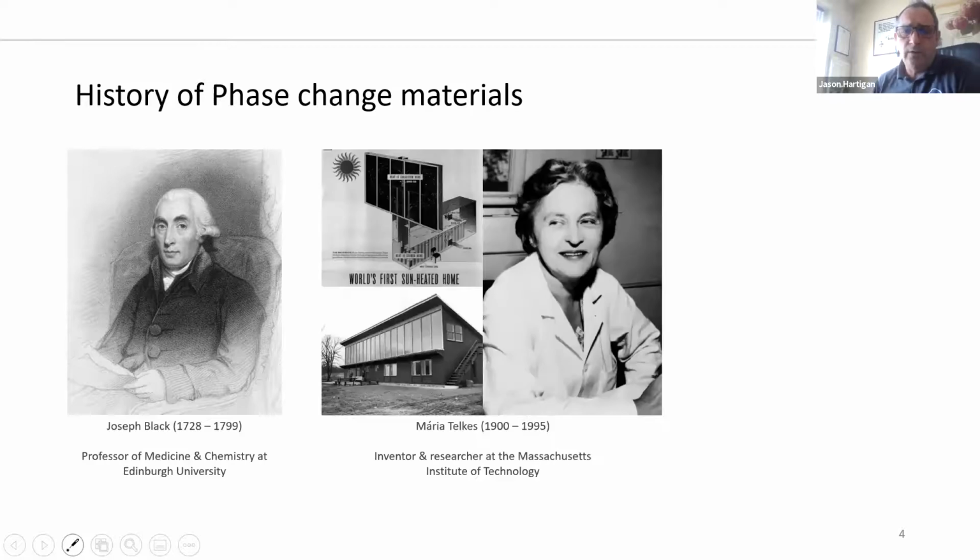So moving on a little bit further, 150 years later, Maria Telkis, inventor and researcher, she coined the nickname the Sun Queen, and she came up with some really good practical thermal devices. And she was a prolific inventor, and one of her early devices was called a solar still.